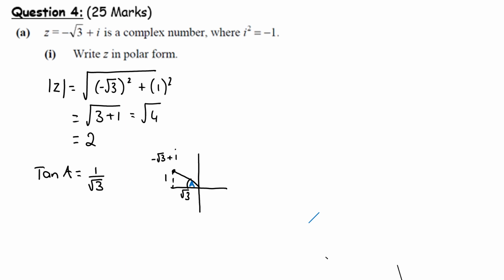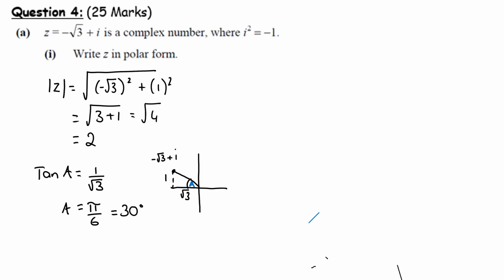So 1 over root 3. We can do this in either radians, that's pi over 6, or if you prefer degrees, that's 30 degrees.